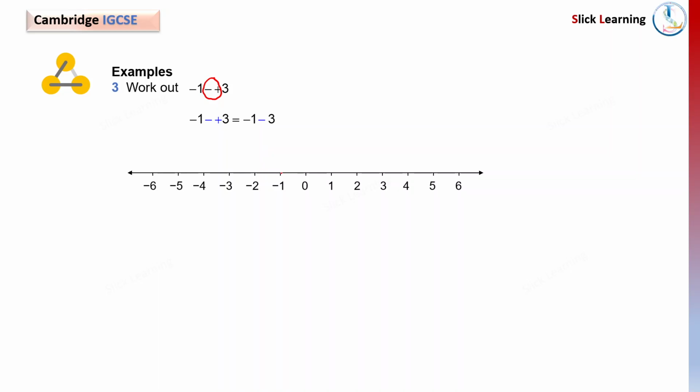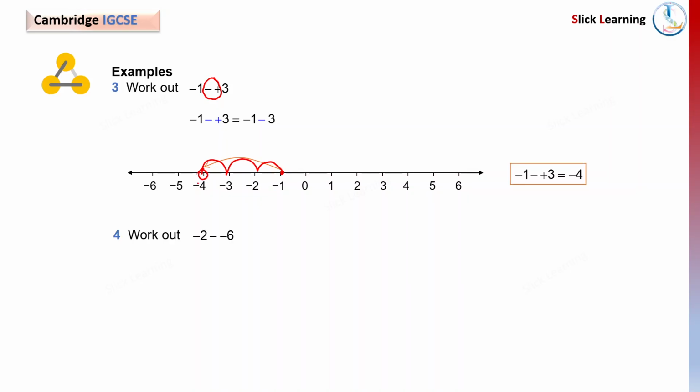Right now we are on minus 1 and we need to move 3 steps towards left. Yes, towards left. Now 1, 2 and 3. So we are finally reaching at minus 4. So the result is going to be minus 4.